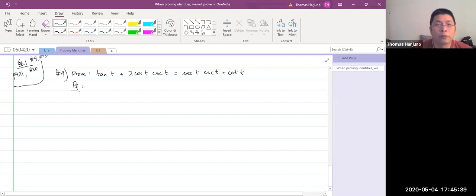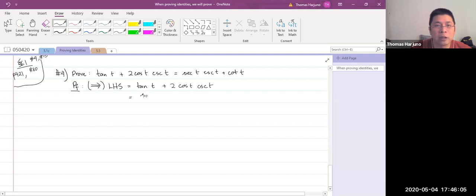I think I will prove from the left hand side. So left hand side we have tangent t plus 2 cosine t cosecant t. There are too many functions here, so let me make it into sine and cosine.